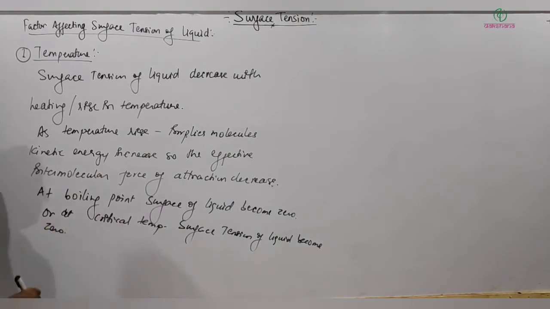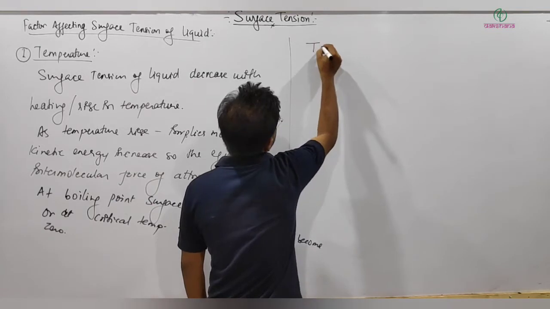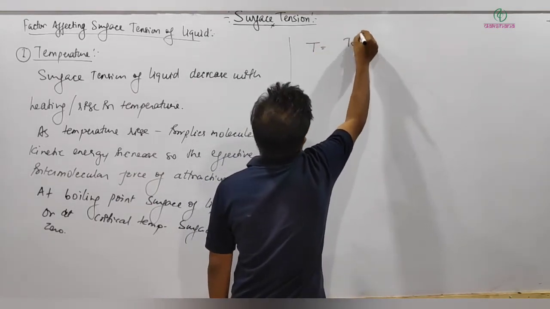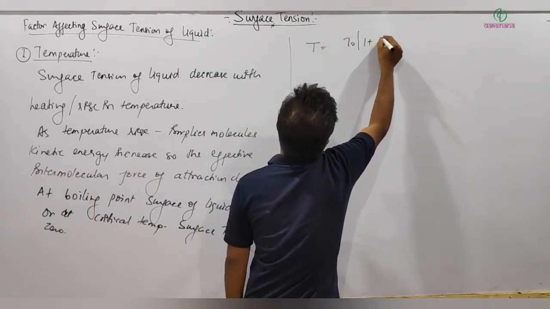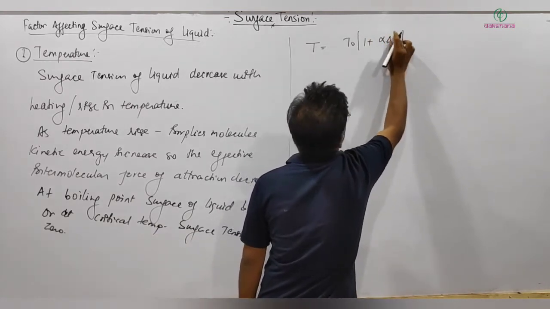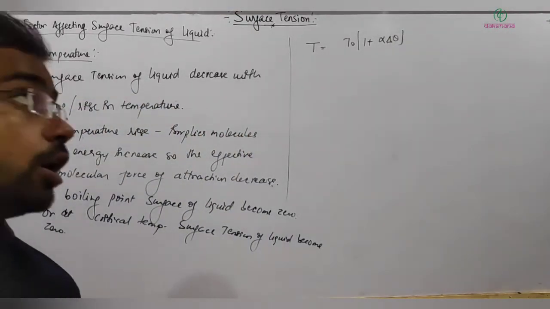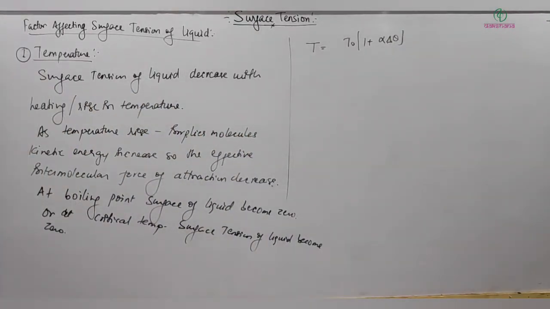And for small temperature changes, we can write surface tension T equals T naught times (1 plus alpha delta T), or better, with theta, where alpha is the coefficient of surface tension.